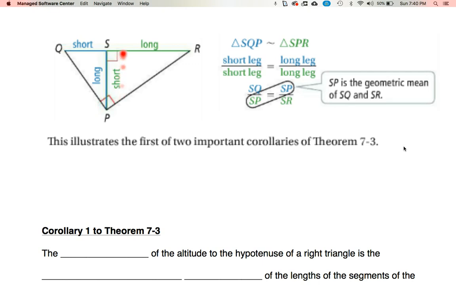Now this is actually the long leg of the small triangle. That's how this segment will show up in both ratios, but in different locations. For this triangle, it's going to be up top. For this triangle, it's going to be down below with the short. And there's that XX idea for geometric mean.